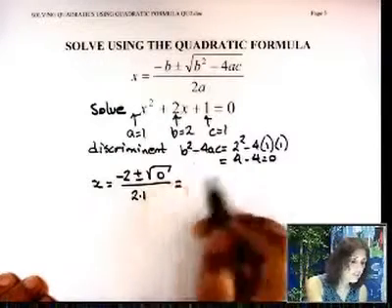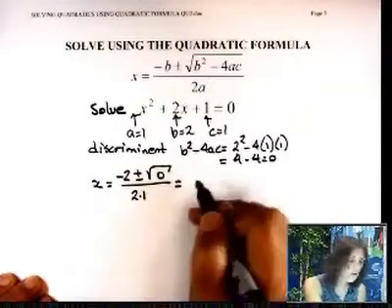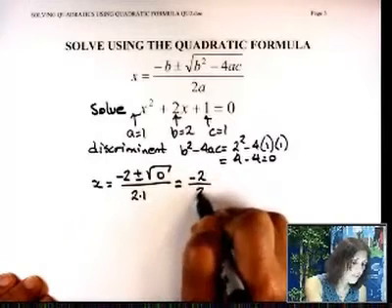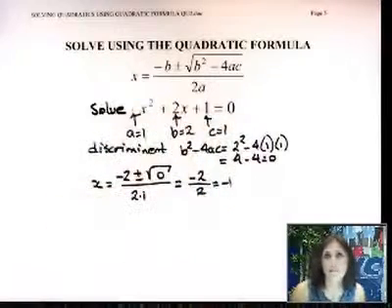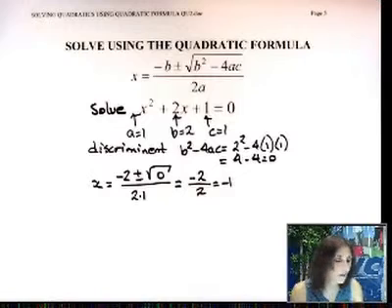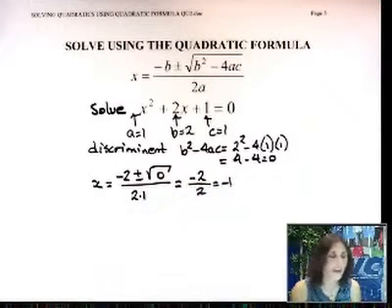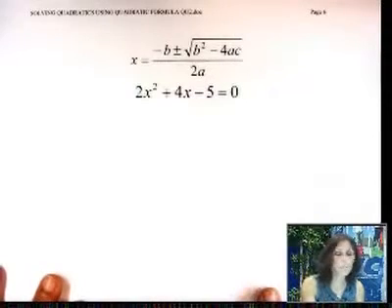The square root of 0 is 0, so this plus or minus portion goes away: negative 2 over 2, which is negative 1. And actually, I do know with factoring, the factored form is x plus 1 squared. That means x equals negative 1. So this is consistent with that. Just happens to be an easy example.